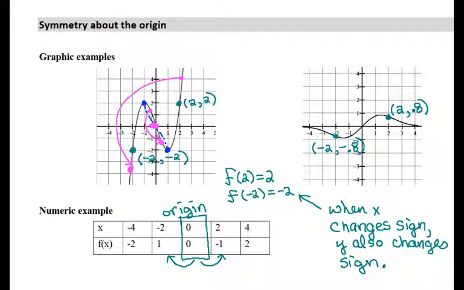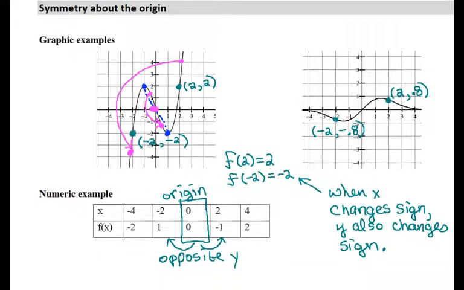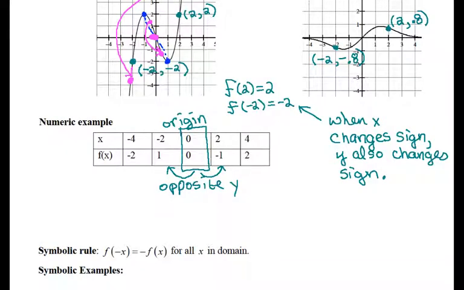I can see that I don't have the same y values. What I have are opposite y values. And if I write this out in function language, it looks like this. f of 2 equals -1. f of -2 equals 1.